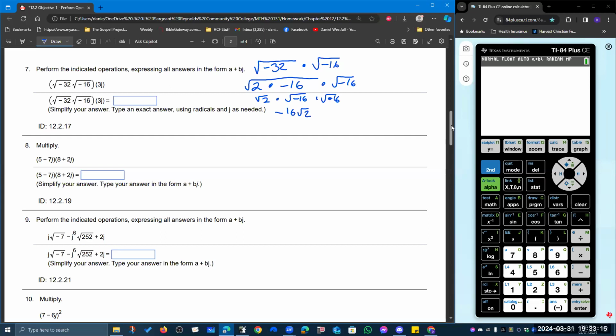And then that all gets multiplied by 3j. That should be a negative 48j root 2.